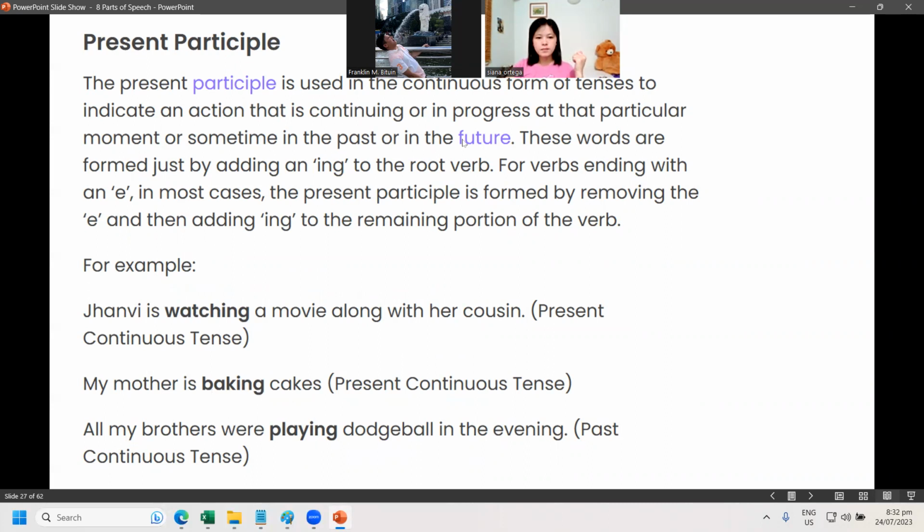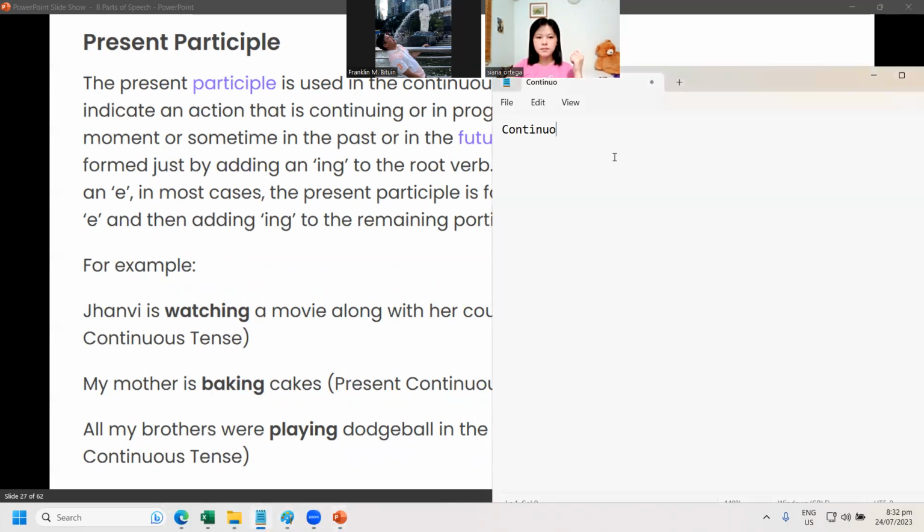To be verb, ing form. So that's continuous. You have the verb to be plus the ing form of the verb. Okay, that's continuous form. So we have the present continuous and we have the past continuous.